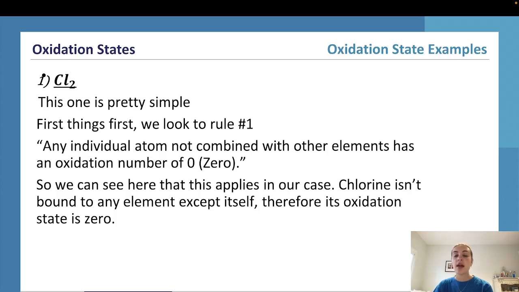So we can see that this is going to apply here to this case because chlorine isn't bound to any element other than itself. So each chlorine atom is going to have a charge of 0, and the overall Cl2 is going to have a charge of 0.